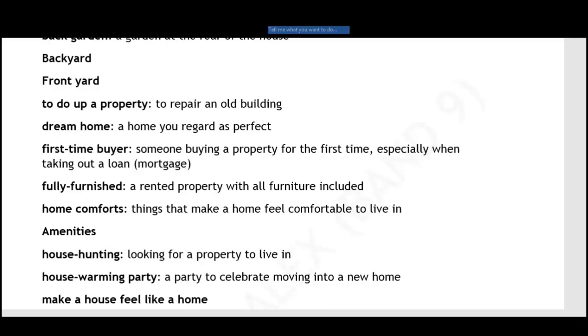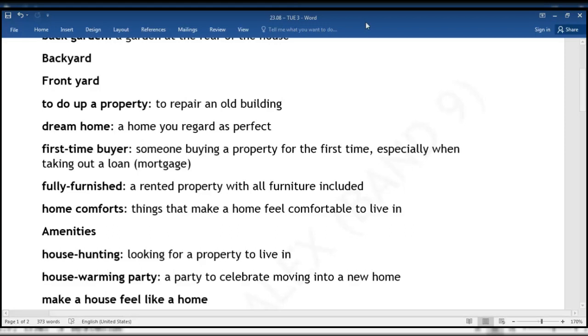So, part 3. Here's your question. Is it better to own your own home or to rent? So, nowadays, many people are willing to move to city areas. In city areas, the price of accommodation is higher.